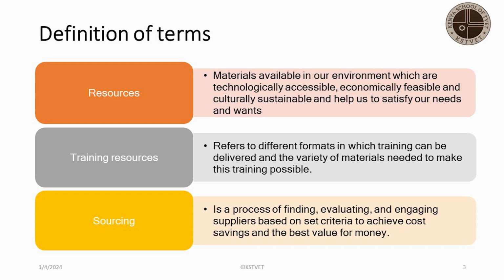Training resources refers to different formats in which training can be delivered and the variety of materials needed to make this training possible. Sourcing is a process of finding, evaluating, and engaging suppliers based on set criteria to achieve cost savings and the best value for money.